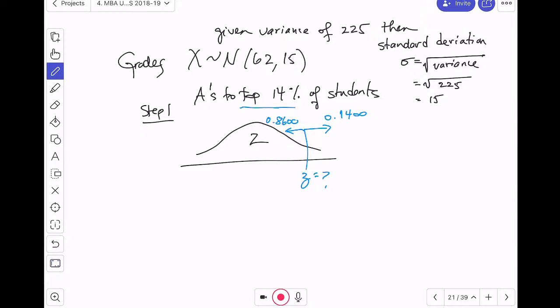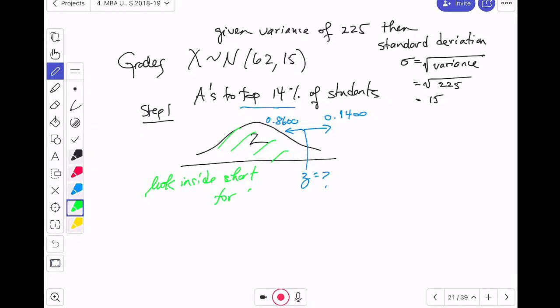So this is what I look for inside the table, inside the chart. Okay, so look up. So look for this value inside the chart.